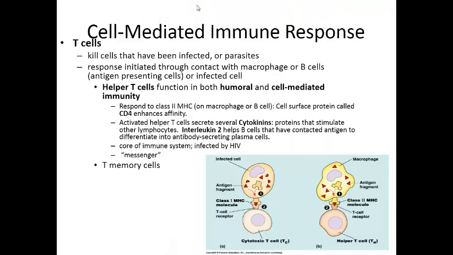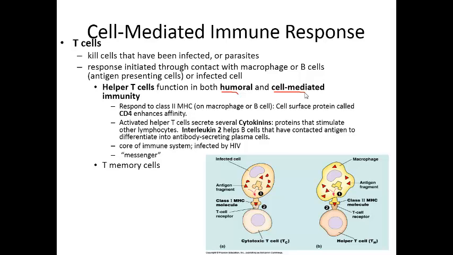Let's look at both in more depth. We begin with the cell-mediated immune response, and this is going to involve the T lymphocytes. Here we see the two types. We have the helper T, and then we're going to look at the cytotoxic Ts. We said that helper Ts are the core of the immune system, so they actually function in both humoral immunity and cell-mediated immunity.